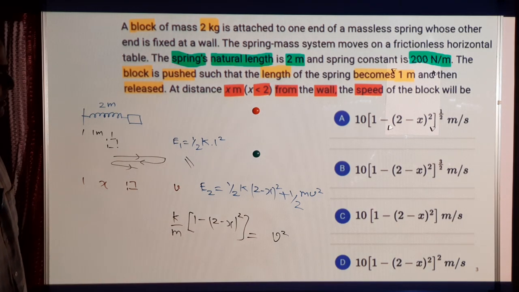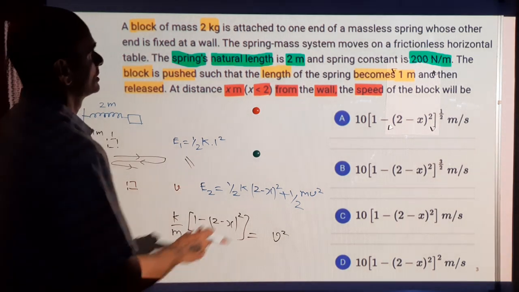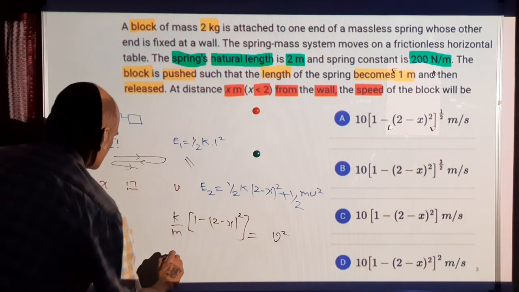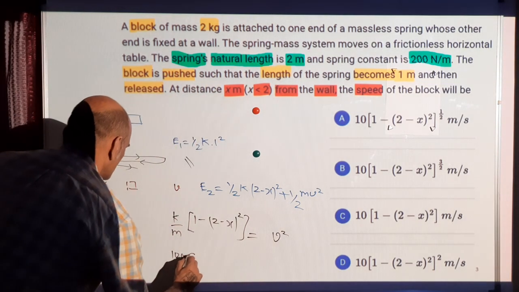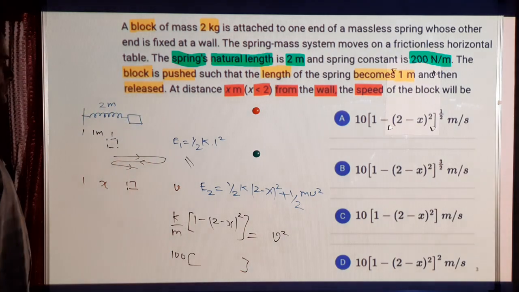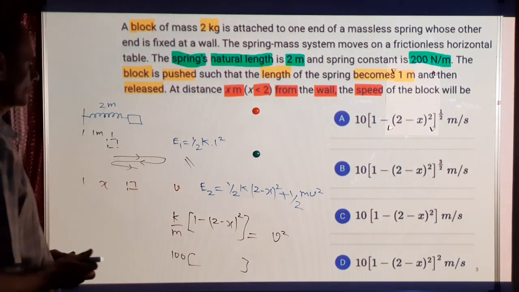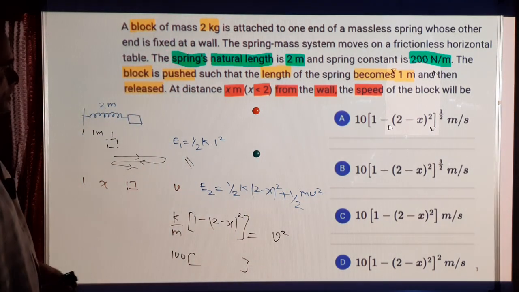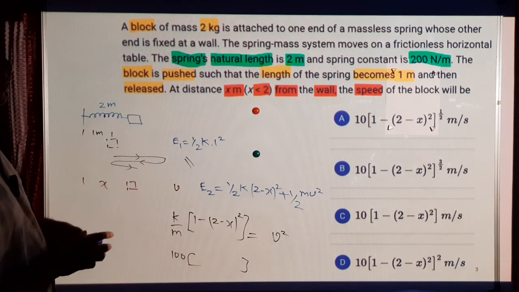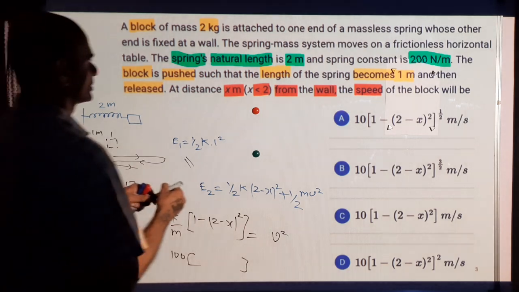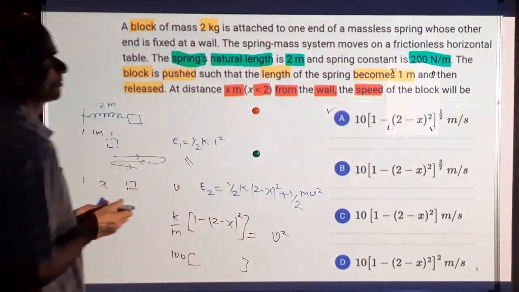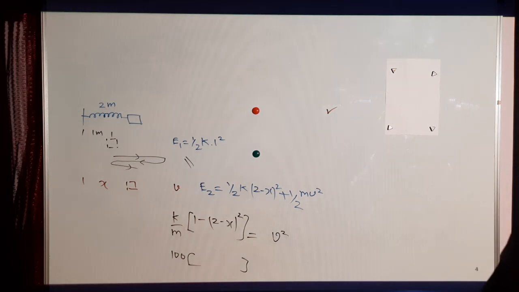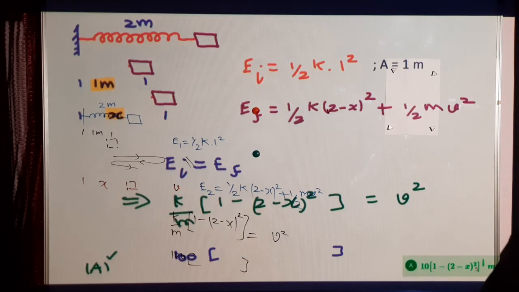And K is 200, m is 2, so K by m is 100. So velocity will be 10 into the square root of this quantity. So it is 10 times square root of 1 minus 2 minus x squared, so it matches option E. E is the correct answer.